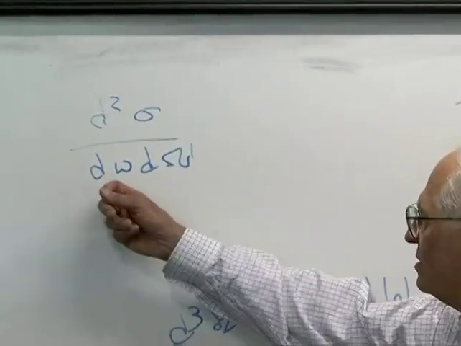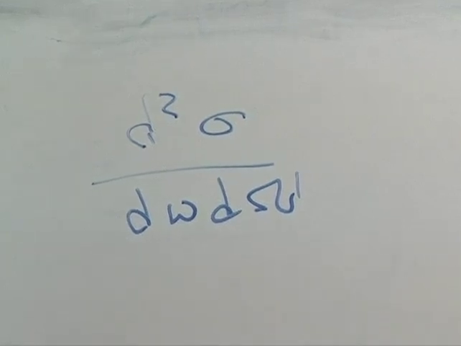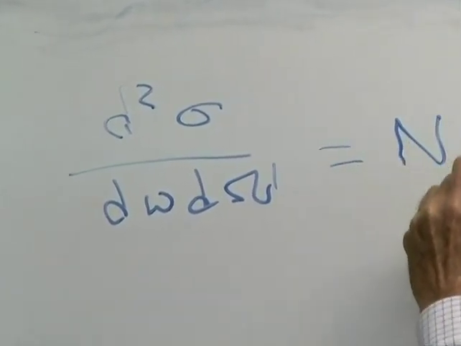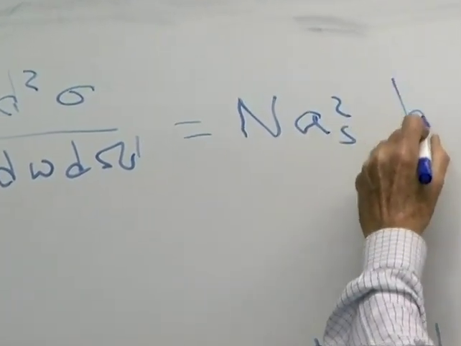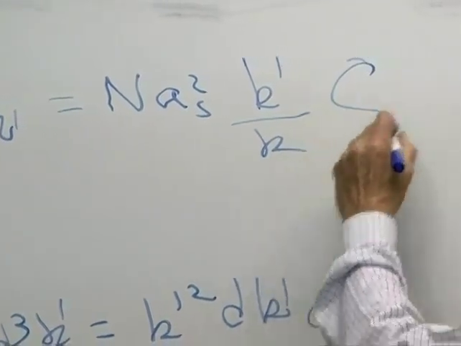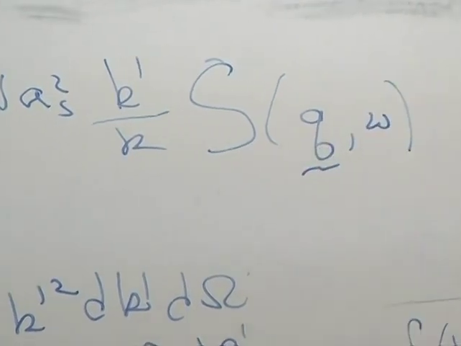It's a double differential in energy and direction. And it's conventional to put a factor of N in front, a_s², k′ over k, times what I'll call S(q, ω).